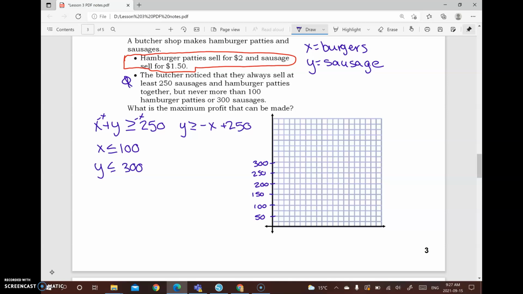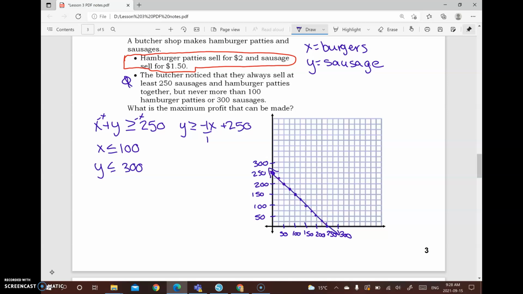So for my first graph, I'm going to start at 250, and my slope is negative 1. If I want to add a fraction, I can just put in 1 over 1 as my placeholders. So down 1, right 1. Down 1, right 1. Perfect, and then that can be a solid line.